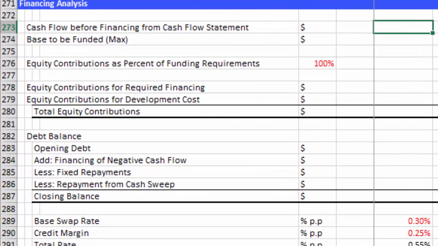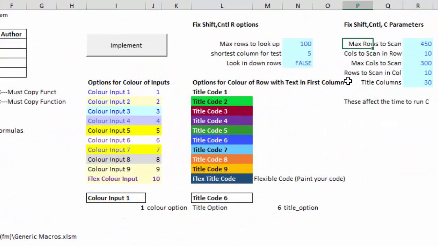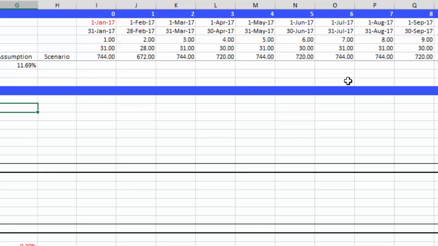Now, the real exciting thing is that I made yet another change to the generic macros. What you can do is set the maximum number of rows you have to look down. Now it's going to take a little bit longer when you look all the way down to 450 rows.